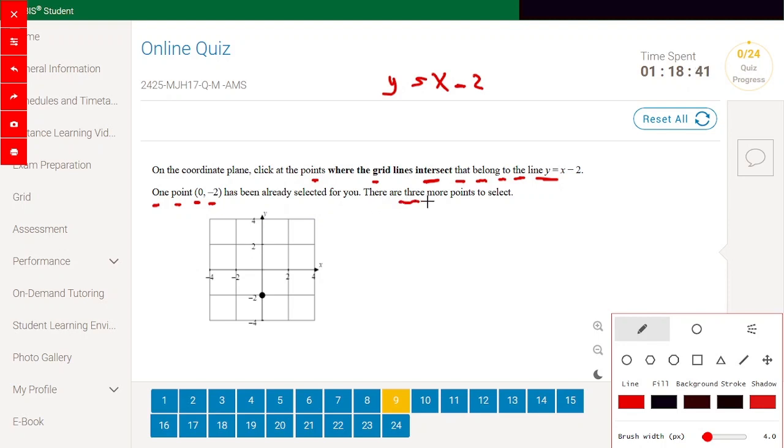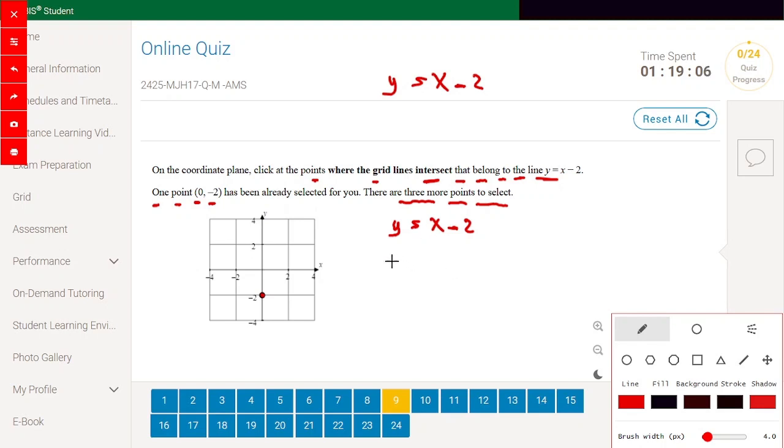There are 3 more points to select. So now, let's do one thing. We have y equal x minus 2, right? And we already selected 0 and minus 2 as one of the selected points.